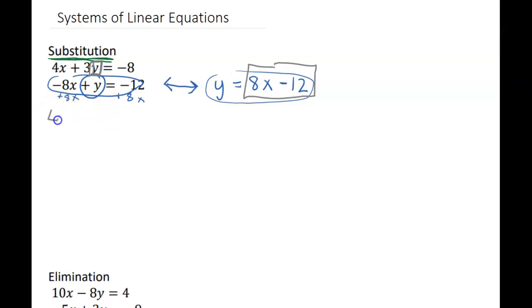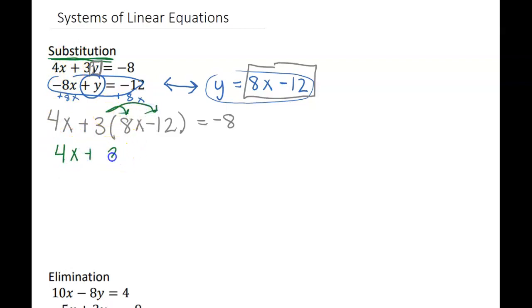So I could say 4x plus 3, and I know my y in terms of x is 8x minus 12, and that has to equal negative 8. Now I've created an equation that's a little longer, a little scarier looking, but really it's not because I just have one variable in it. If I clean this up, 4x plus, remember to distribute, 24x minus 36 equals negative 8.